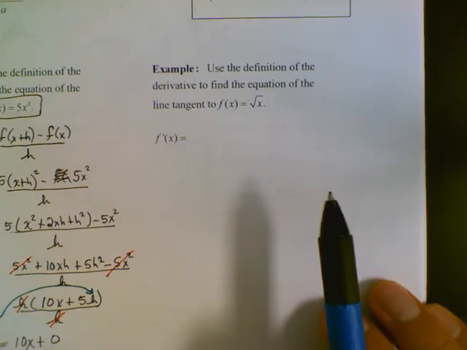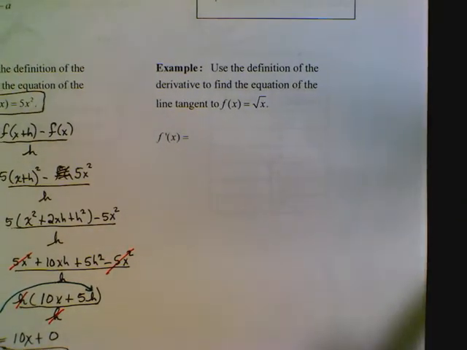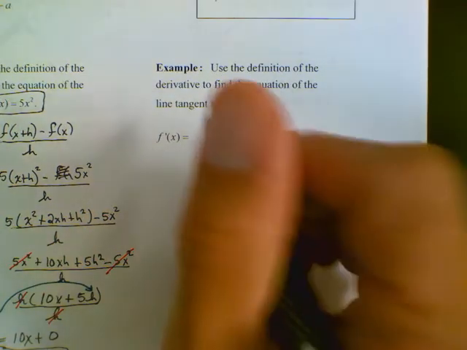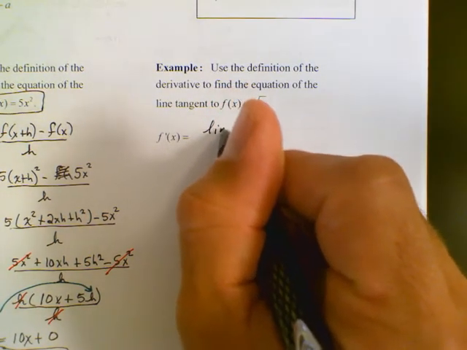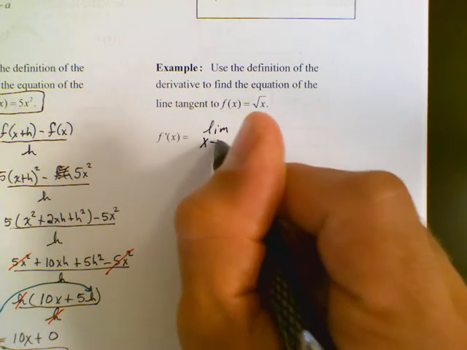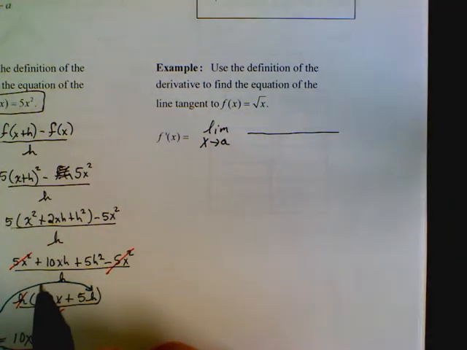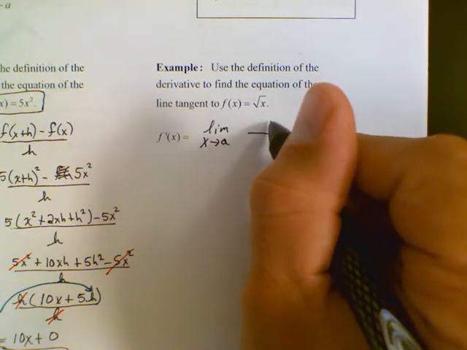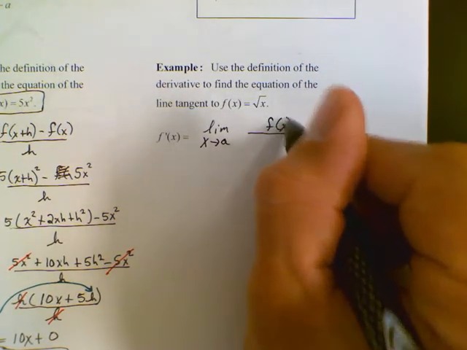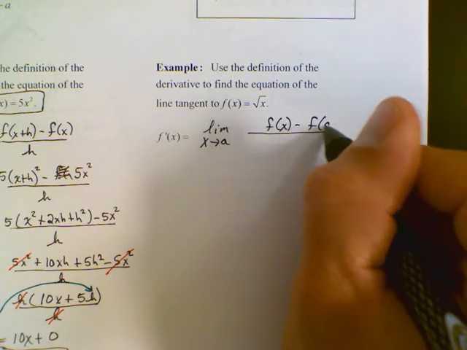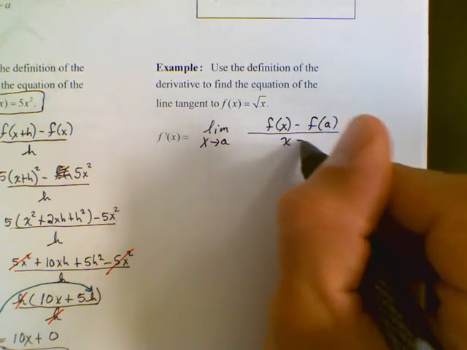All right, so you know what? This one says to use the definition of derivative, but for practice, let's go ahead and try to use the alternative definition of derivative. So this time we're going to say the limit as x approaches a. And then we're going to do a difference quotient again. This time it'll be f of x minus f of a all over x minus a.